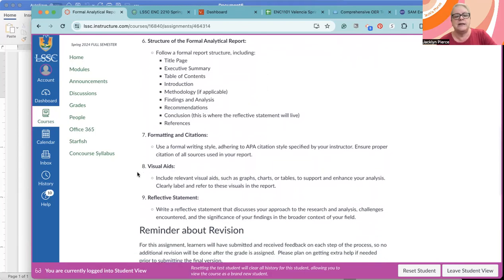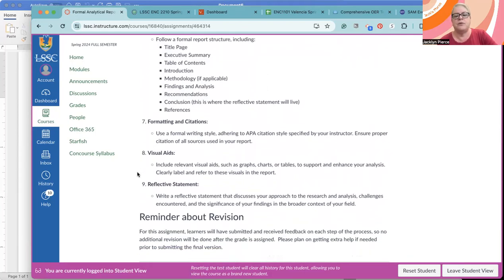You do need to have visuals in this particular document, clearly labeled and formatted the way that we've been working on it. I know a couple of folks have reported having some problems when they're using Office 365, and I'm going to do a little research on it.